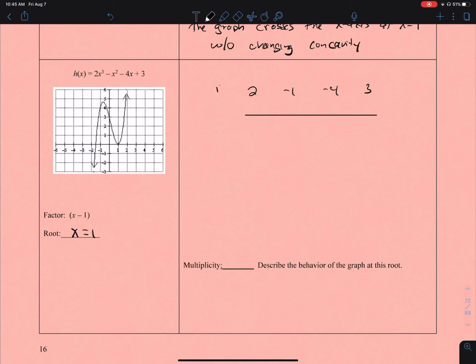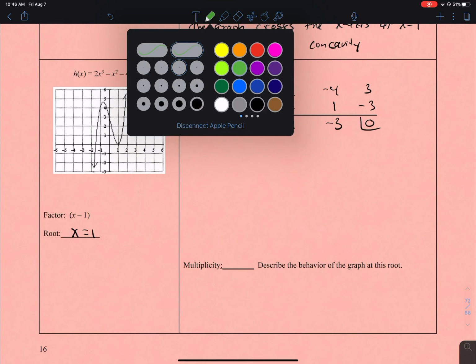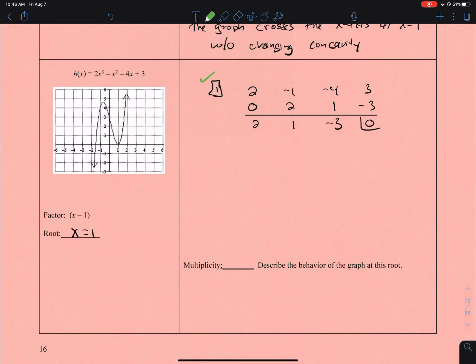We're dividing it by 1. So I add and I multiply, and I add and I multiply, and I add and I multiply. Remainder 0. Not surprised. Will this happen again? Well, let's see.